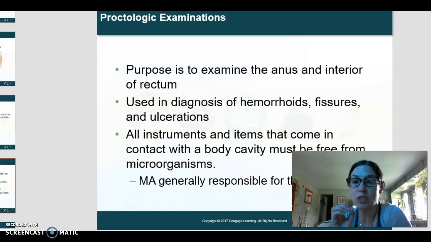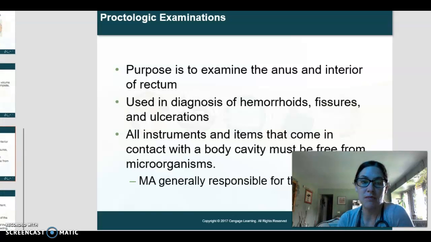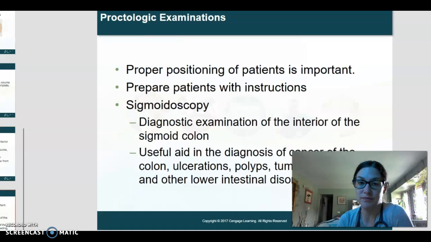You are going to be responsible for maintaining, cleaning and disinfecting these instruments. A lot of times the doctor will just use a digit examination, like with a finger, to feel if there's any obstruction or ulcers or hemorrhoids, fissures, any of those things, because those are super painful.